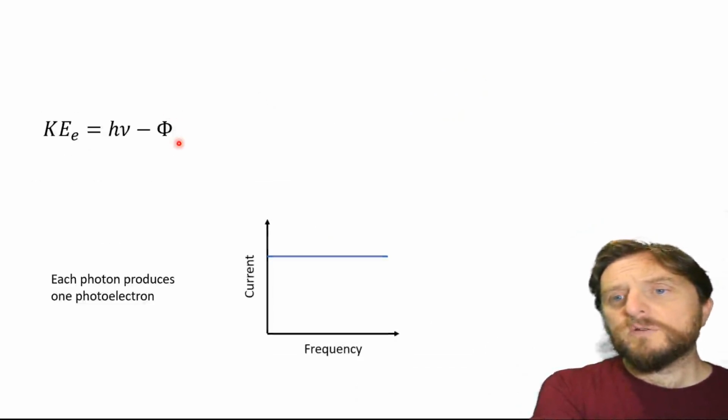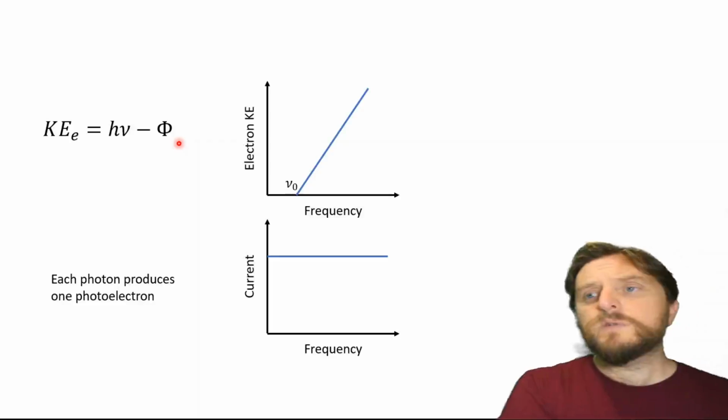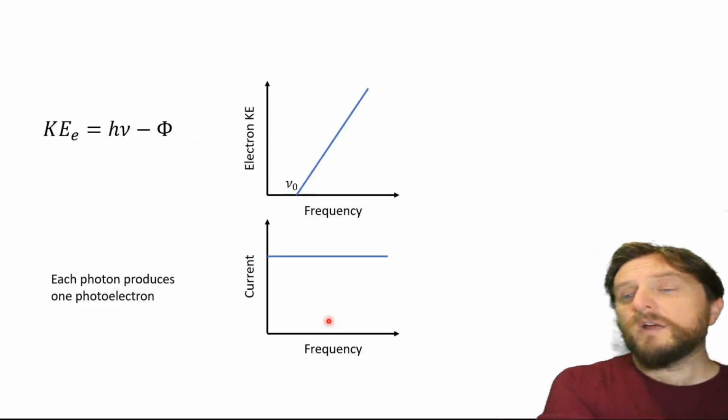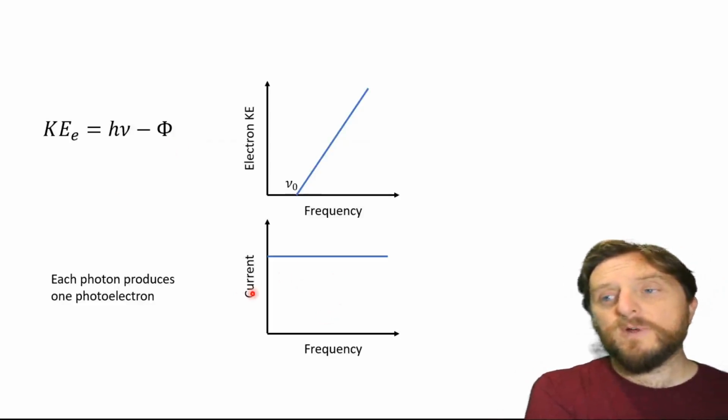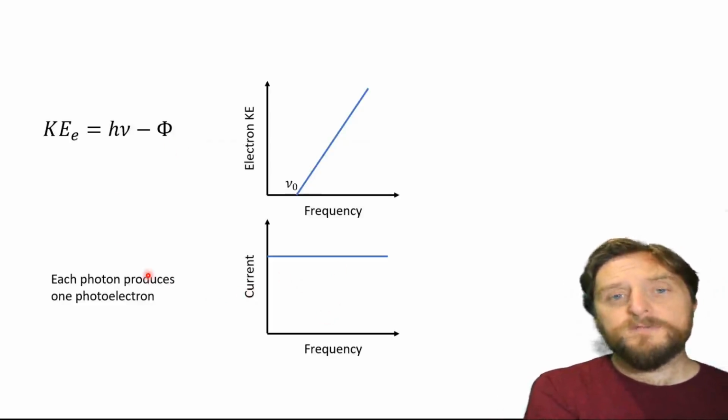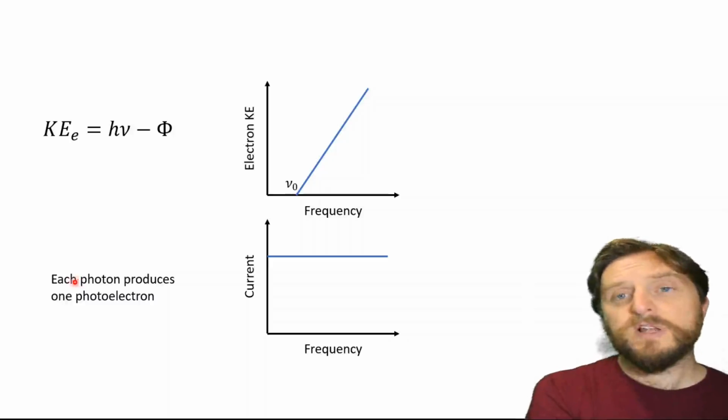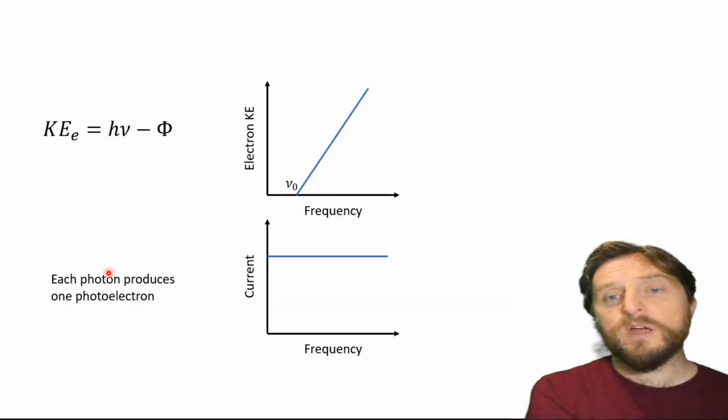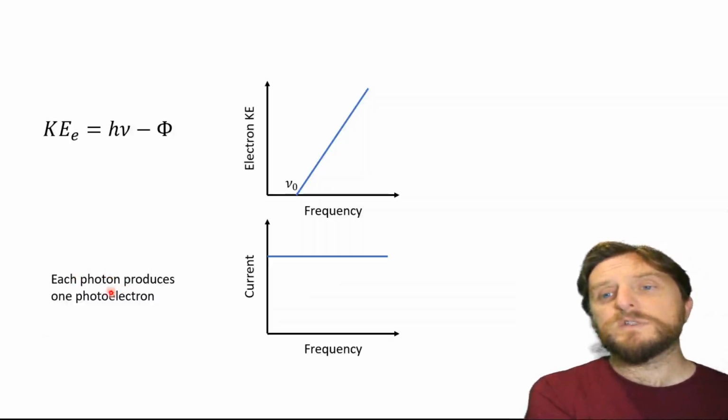It also explains to us why the frequency does not affect the current. A certain number of photons per second will produce a certain number of electrons per second, irrespective of what the energy of those photons is.